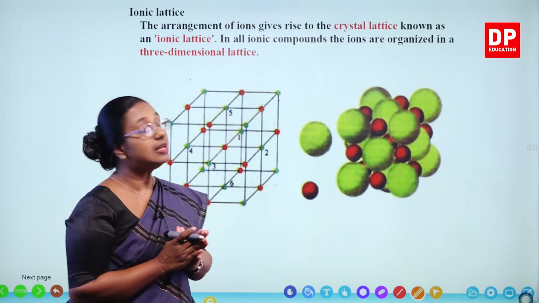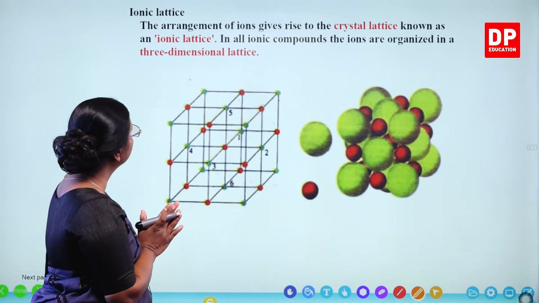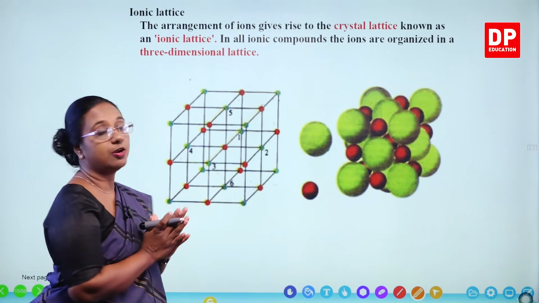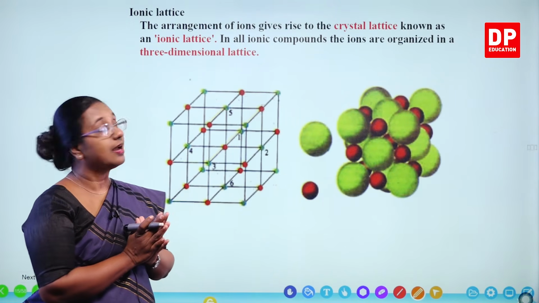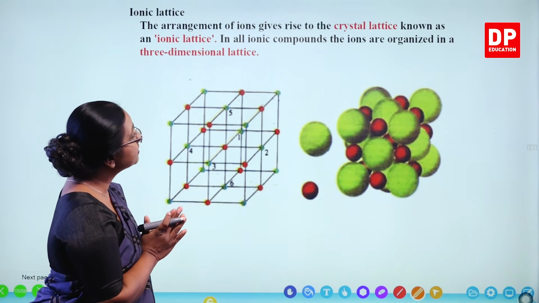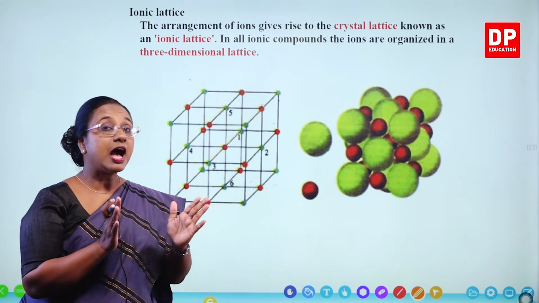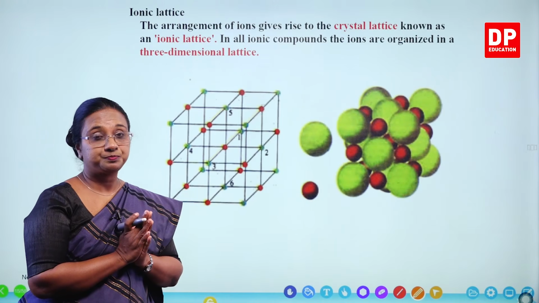So the crystal lattice is formed by the arrangement of ions. That is why we call it an ionic lattice. In all ionic compounds, the ions are organized in a three-dimensional lattice. I told you all this before.